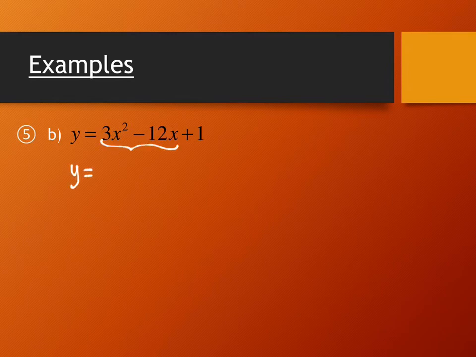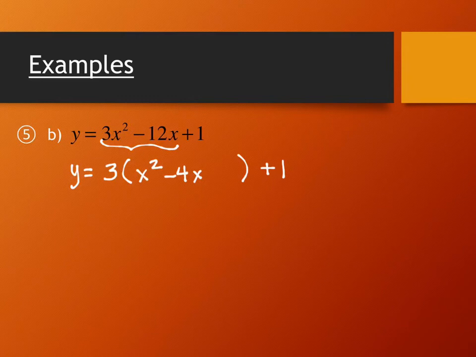While we will group together the pieces that have the x's in them, we need that 3 to be on the outside of the parenthesis. So we're going to factor a 3 out. That gives me x squared minus 4x inside, leave a space, and I've got my 1 on the outside. So I'm only factoring the 3 out of the pieces that have the x squareds in them, okay?